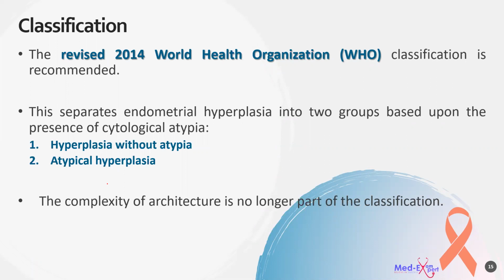So now the complexity, like simple or complex, is no longer part of this classification. Again, when talking about the new WHO classification, the complexity of architecture is not needed anymore.